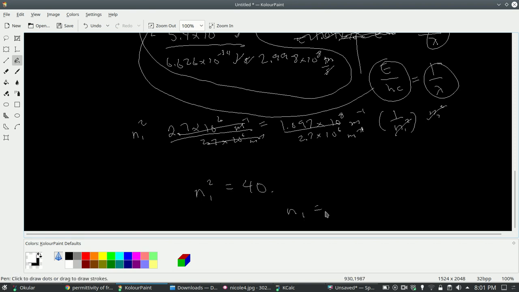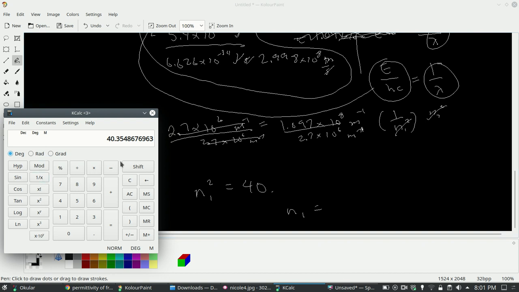So that means n1 equals the square root of this. The square root of this is 7? Oh, it was 6. I've done some rounding here; when I did this originally, without rounding, I got 6. Let me try that again.